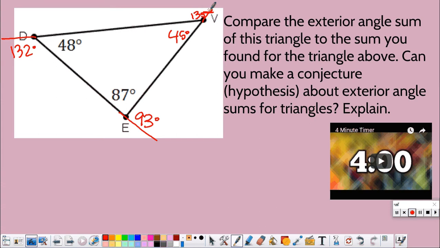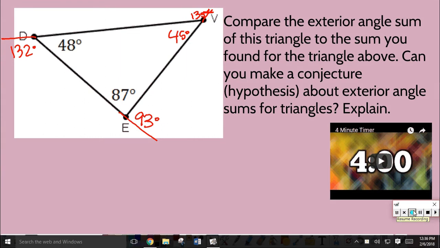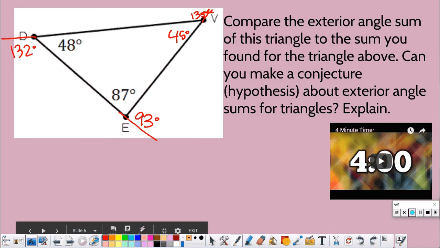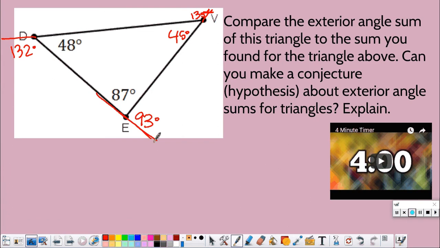I can't reach it. There we go, 135. All right, so yes, 180 minus 48, 180 minus 87, and 180 minus 45 to get each of our exterior angles. Because they're all on a line, we know that a straight line is 180 degrees. This whole thing is 180 degrees.